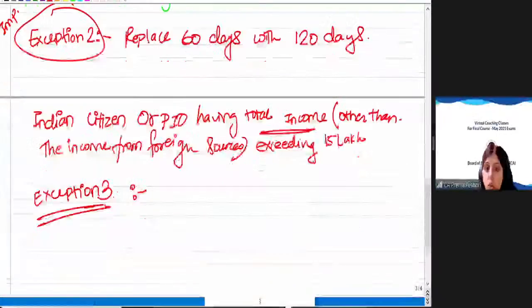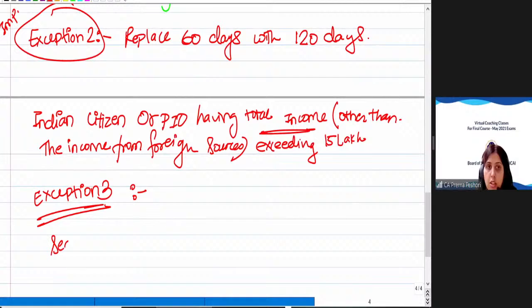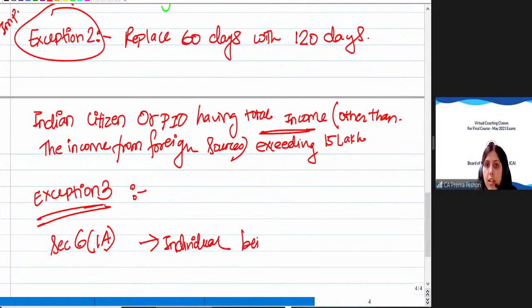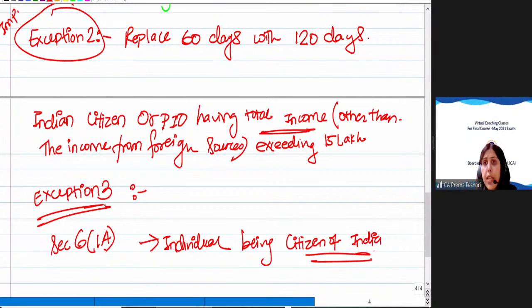Now, there is a new clause introduced, section 6.1a, which says that notwithstanding anything contained in section 6.1, individual being citizen of India. Here we do not have a PIO. Here we only have citizen of India.